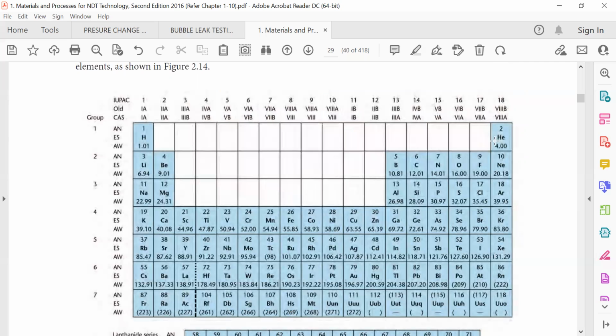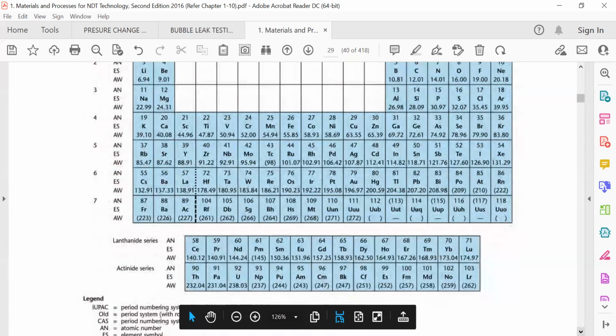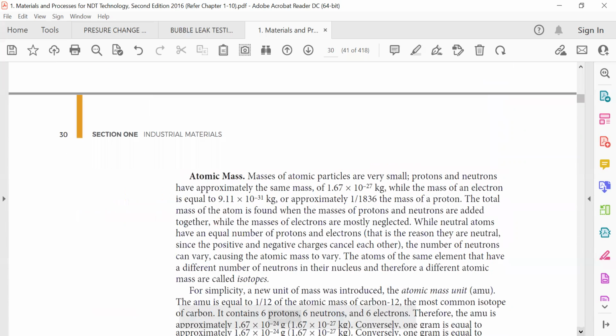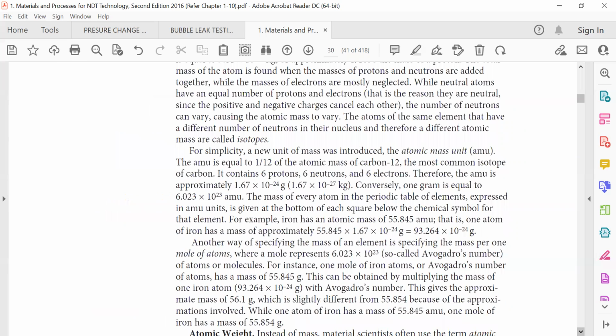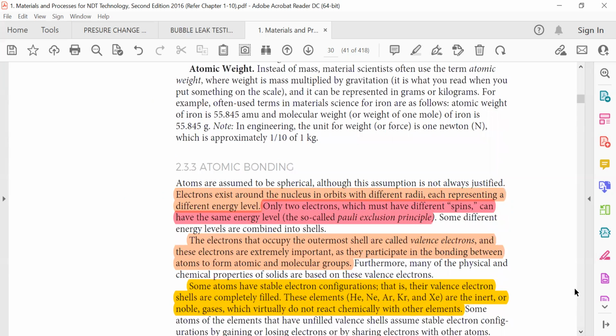Helium is 2, then 2 plus 8, 2 plus 8 plus 8, then 2 plus 8 plus 8 plus 18. That is how the orbits are known, with the nomenclature of outer orbits K, L, M, N, O, P, Q like that: 2, then 8, then 8, then 18, then 18.